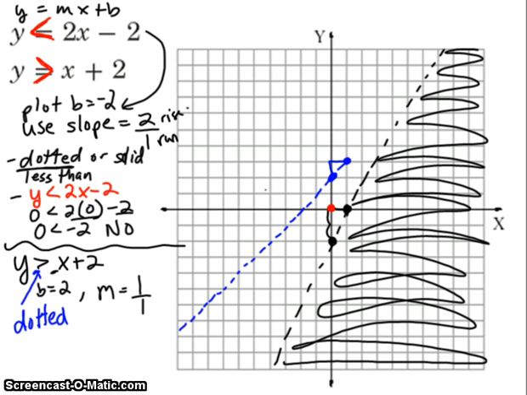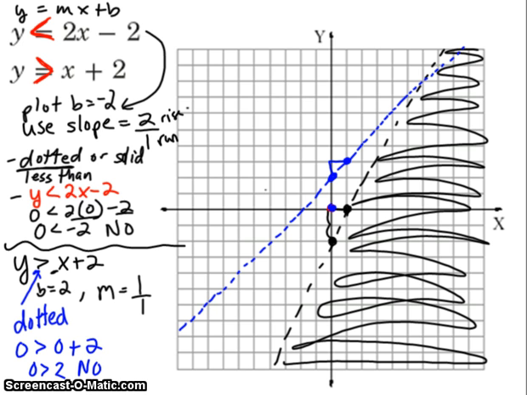And here's where making your lines as straight as possible is important. Now, next step is to see where we shade. So let's plug in 0, 0. Can we do that? Yeah, 0, 0 is right here. It's not on our line. All right, 0 is greater than 0 plus 2. 0 is greater than 2?